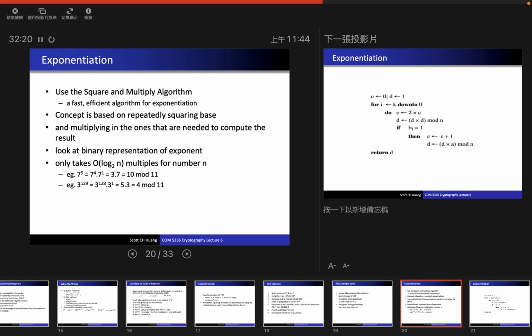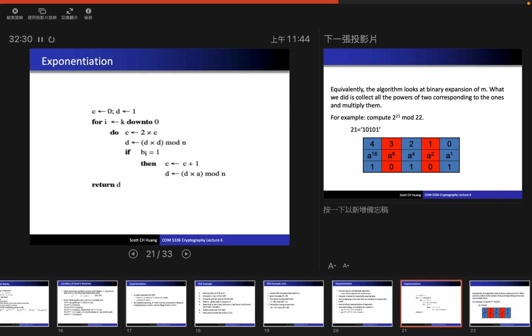So the idea is to represent this power using binary numbers, it's very easy to do that. Then we can end up with this very easy algorithm. Please note that I forgot to mention that this actually calculates a to the b mod n.